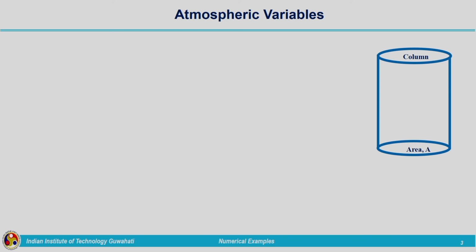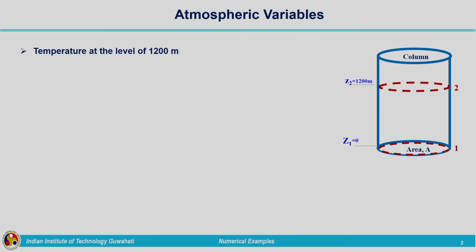So, this is our atmospheric column which we have seen while deriving the expressions. We have an area A, and at the ground surface we consider section 1, and at an elevation of 1200 meters it is considered as section 2. So, Z1 is equal to 0 and Z2 is equal to 1200 meters.